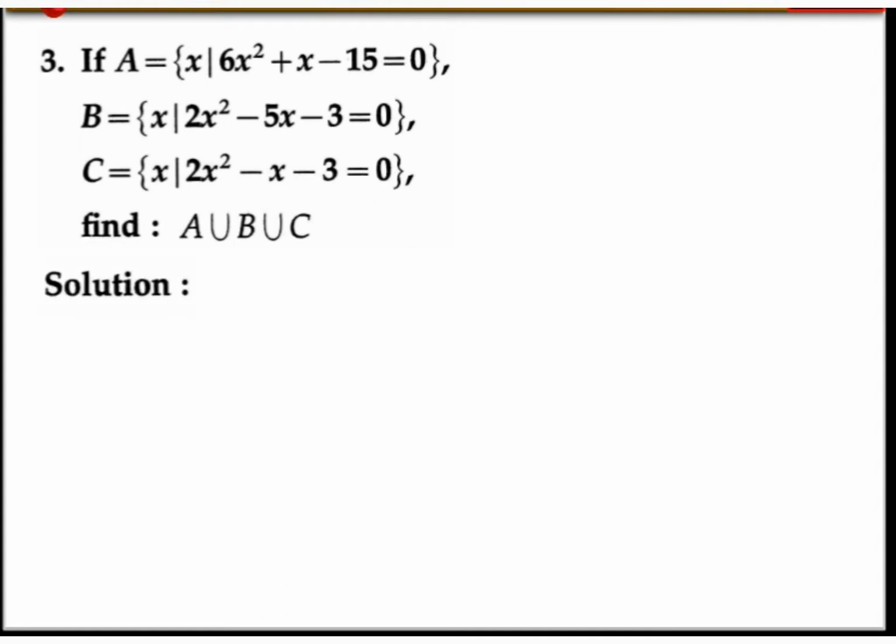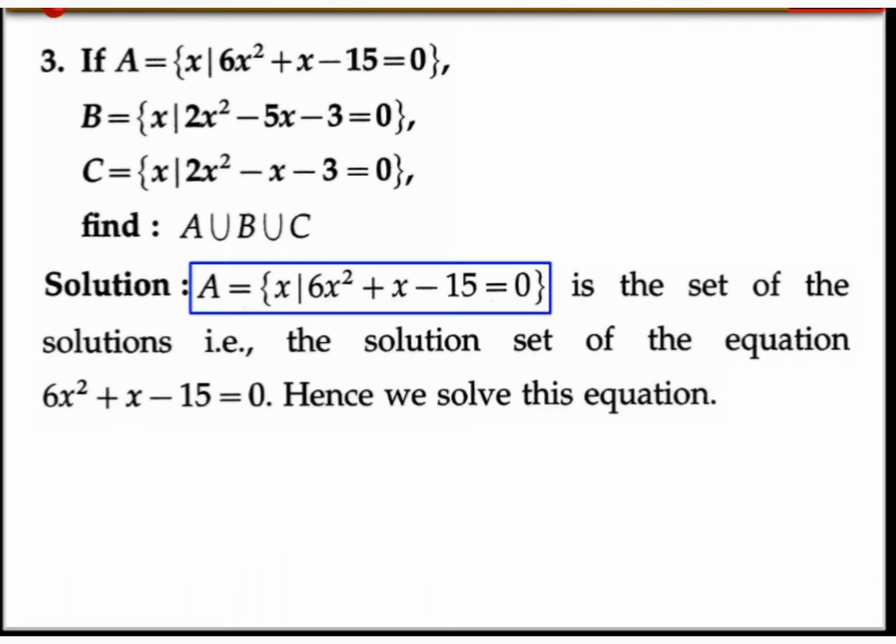Solution. A is equal to the set of x such that 6x squared plus x minus 15 is equal to 0, which is the solution set of the equation 6x squared plus x minus 15 is equal to 0. Hence, we solve this equation.